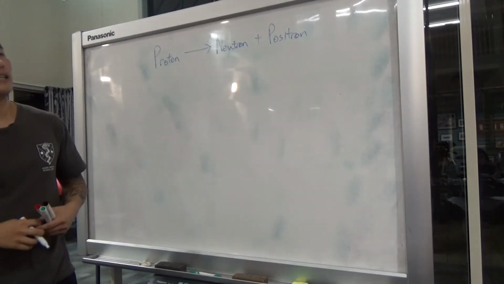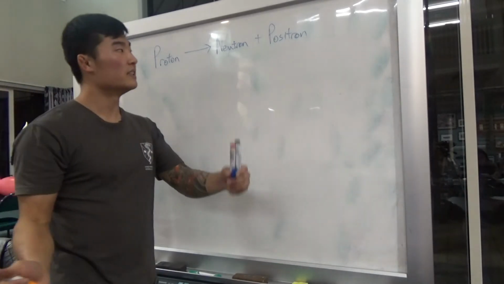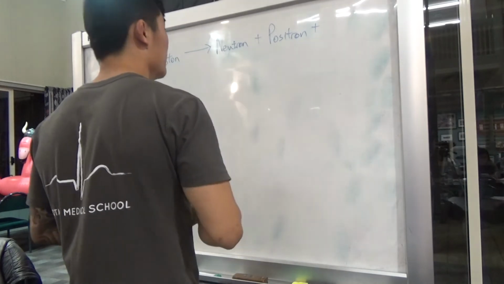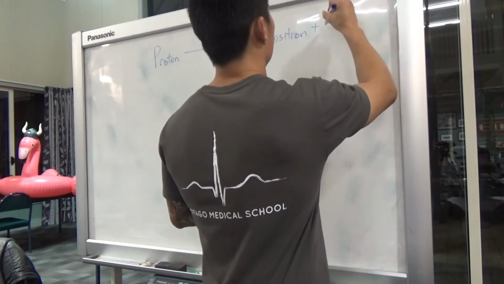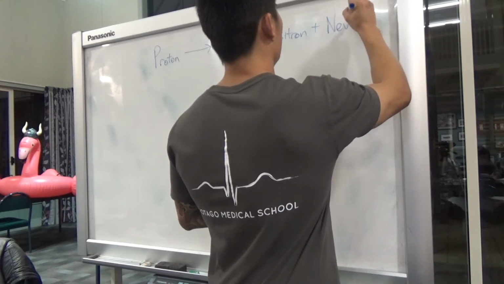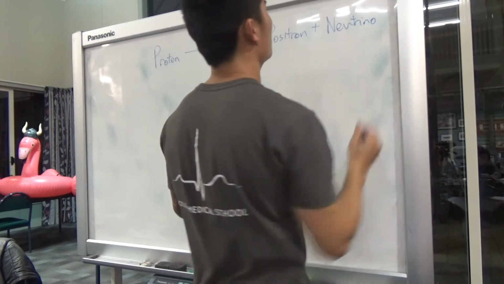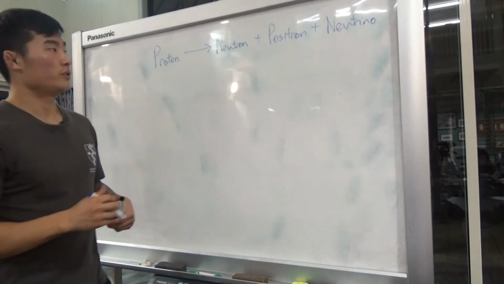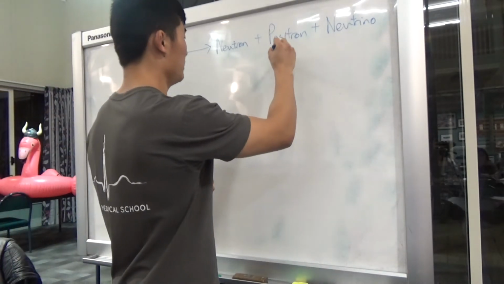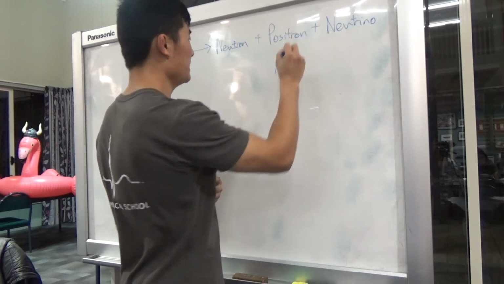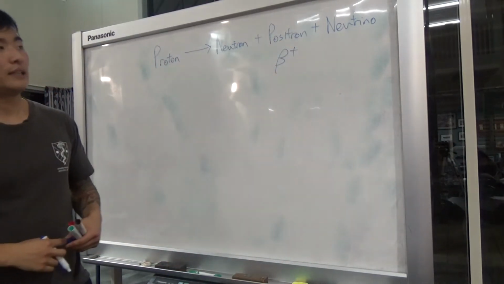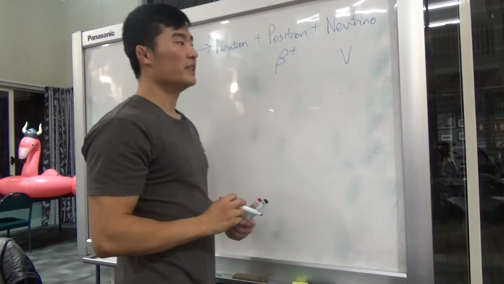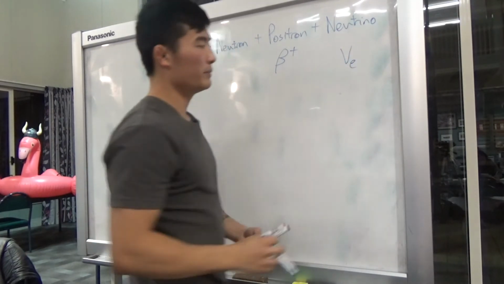Okay, and that positron is going to be emitted, and it's also going to emit a neutrino. So the symbol for a positron is beta plus, and the symbol for a neutrino is V, or V subscript e.